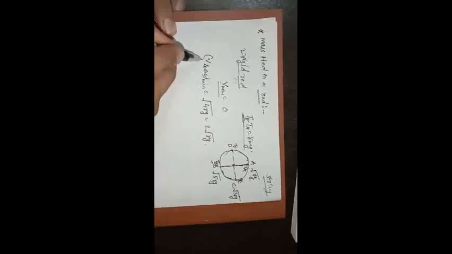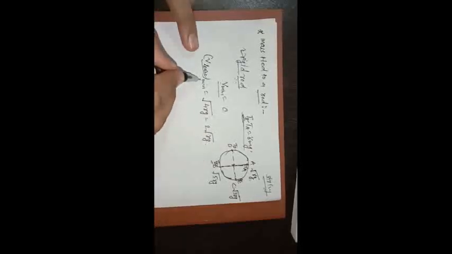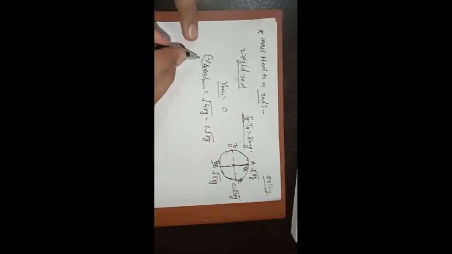Similarly, the minimum velocity at the horizontal position is under root 2rg. These are the velocities v1, v2 and v3.